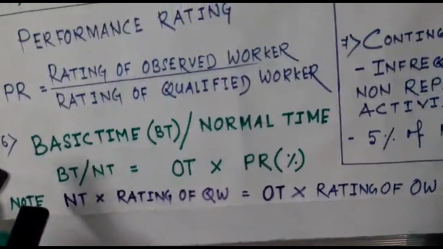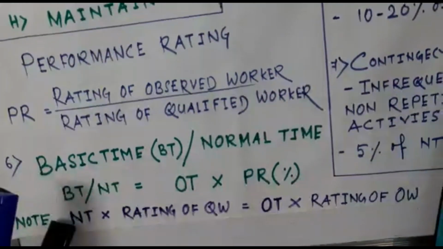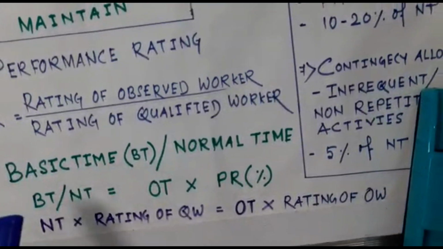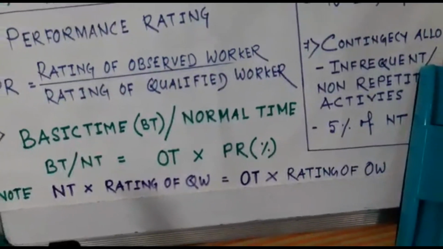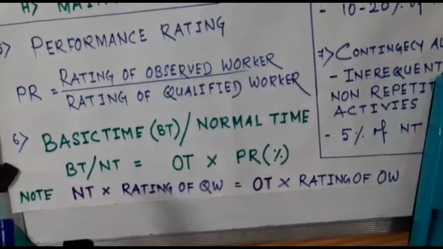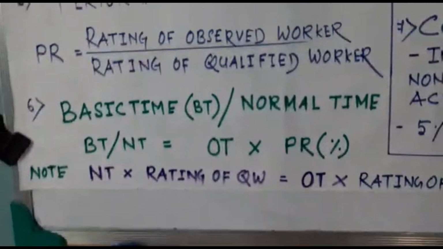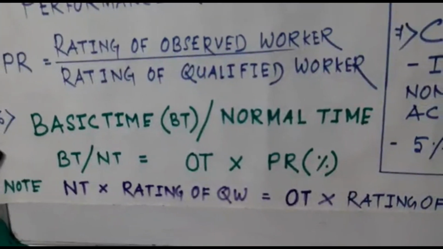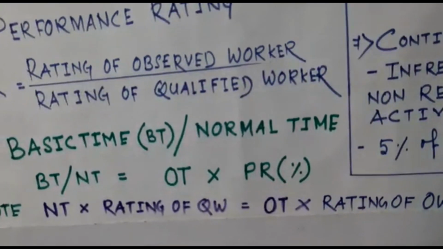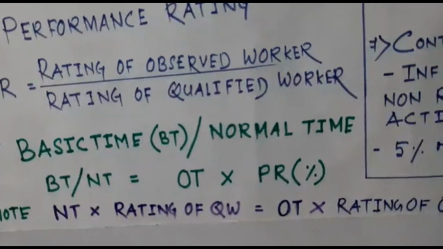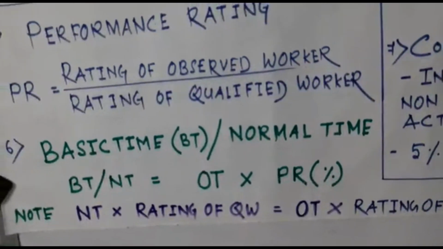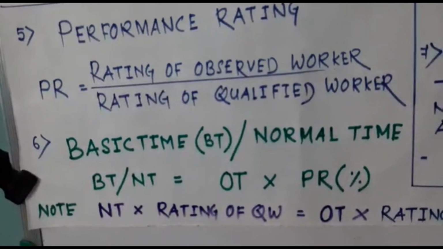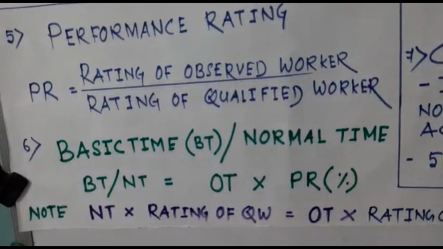So similarly here, normal time multiplied by rating of the qualified worker will be the same as observed time and rating of the observed worker. So with this, we see that normal time equals observed time into rating of observed worker by rating of qualified worker, and rating of qualified worker is 100, so that gives us basic time or normal time equals observed time into performance rating in terms of percentage.